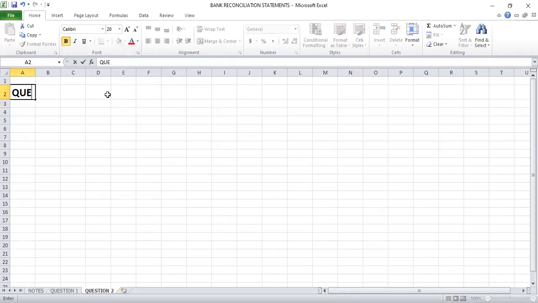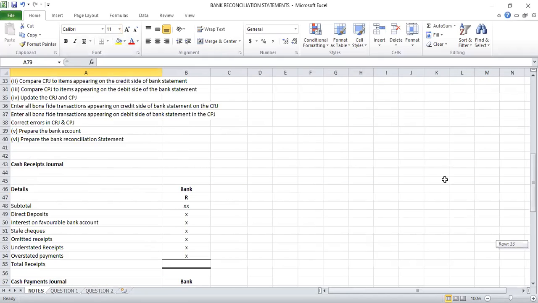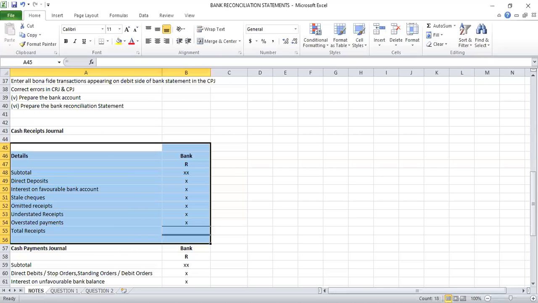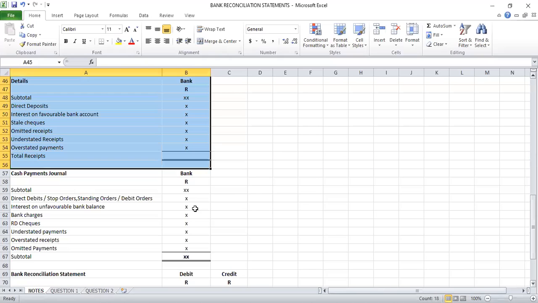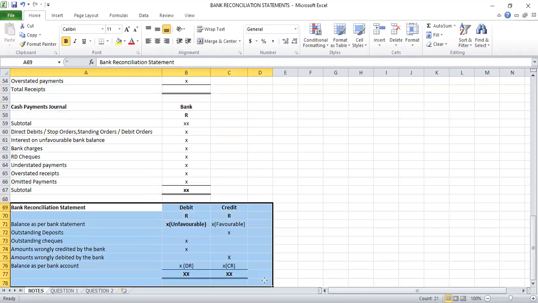So I gave you where you record all these transactions. If I still remember, I gave you from here on the first sheet or notes. I gave you the transactions that go in the cash receipts journal, but I'll explain again as we answer. I also gave you the ones that go in the cash payments journal, and I gave you the ones that go in the bank reconciliation statement. So please, I want you to refer to this if you don't understand anything. So under the first sheet or notes.